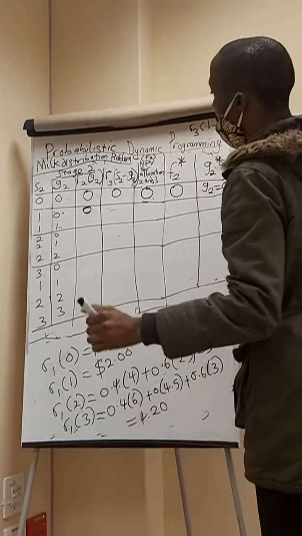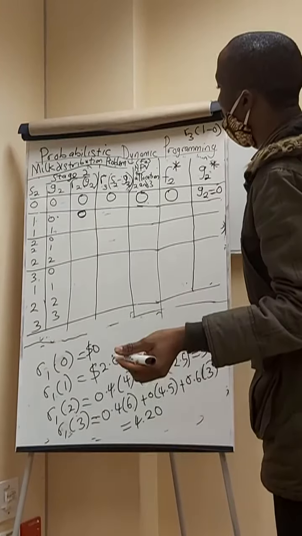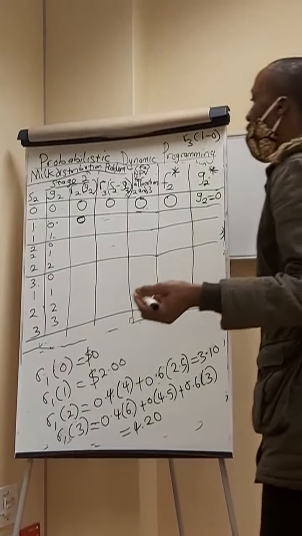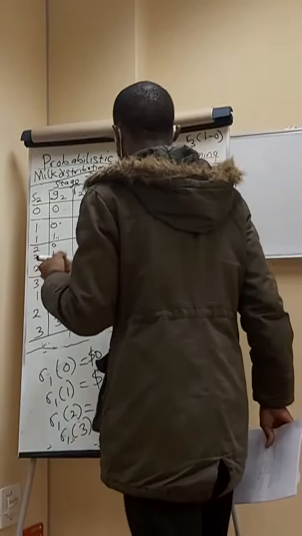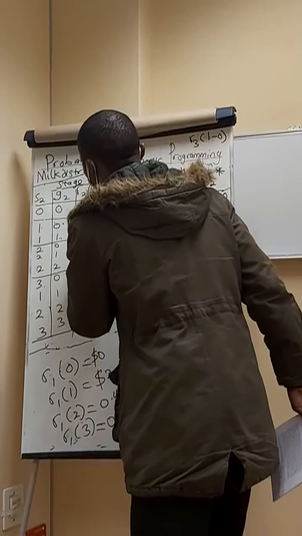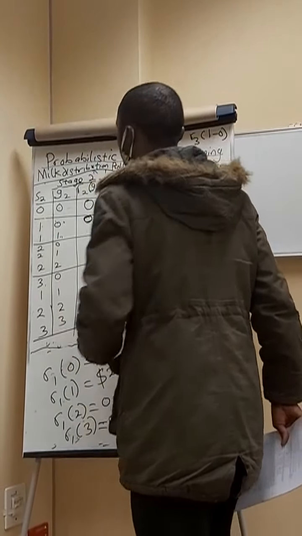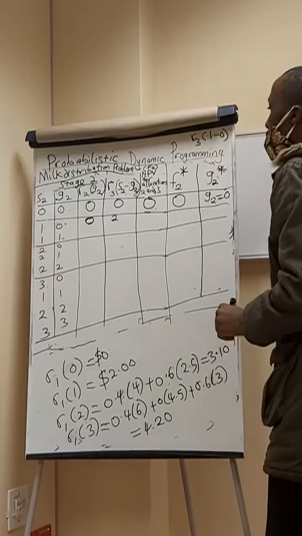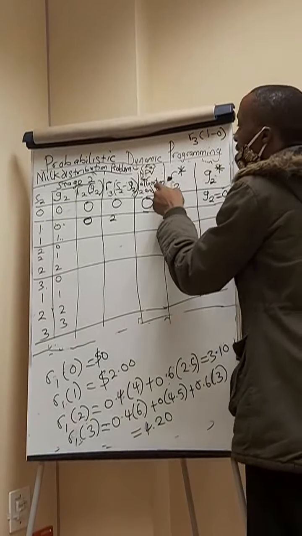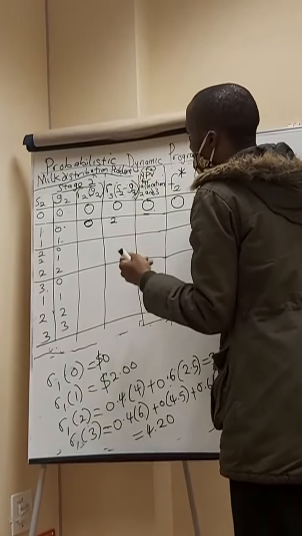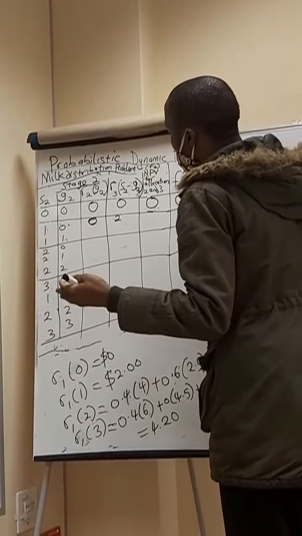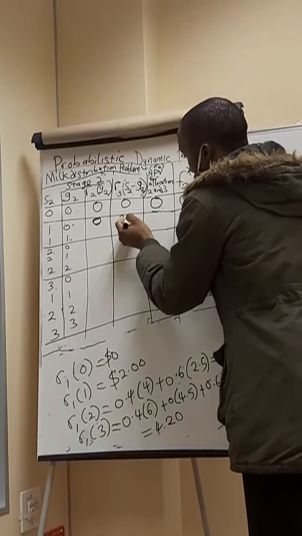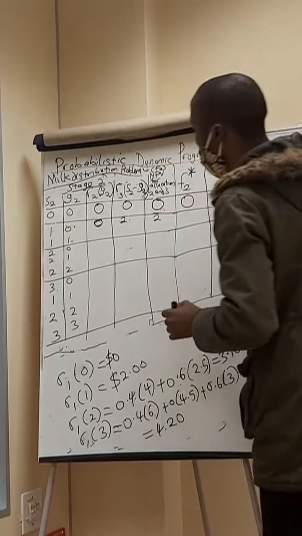Then I go and check in my stage 3 what my R3 of 1 was, which I've calculated. If you remember, it gave me $2. So this must be equal to 2. Then to get your NPV for allocation for stores 2 and 3, cumulating stage 2 and stage 3, that will give you 0 plus 2, which is 2.